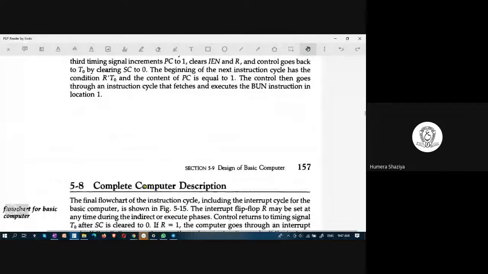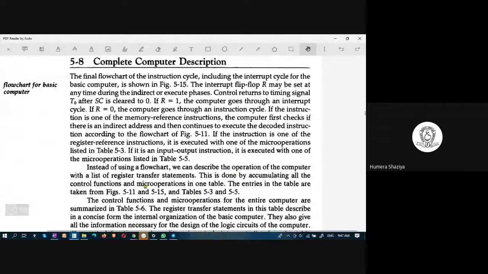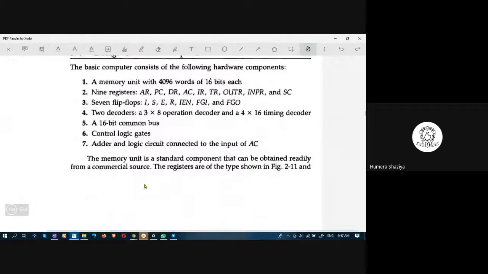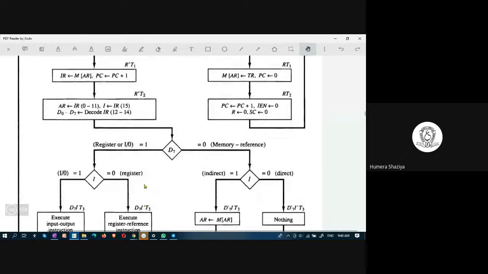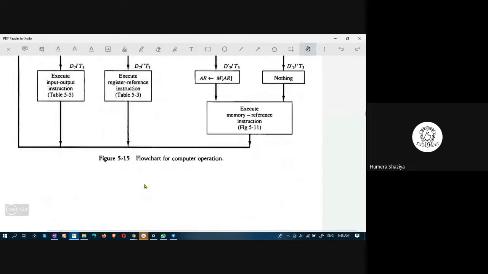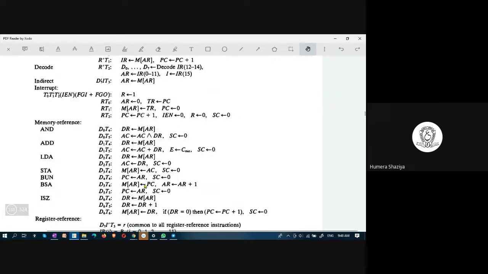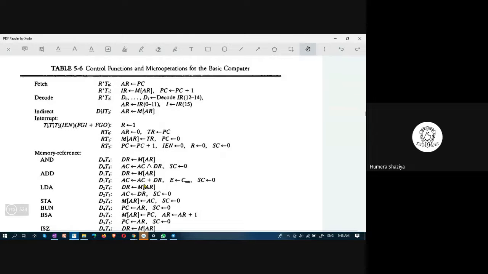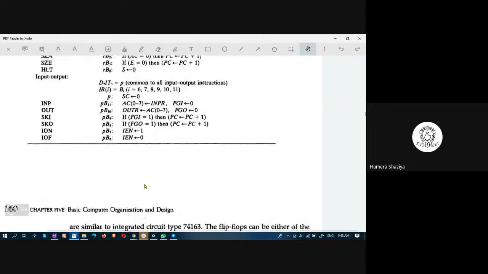This is not there in the syllabus, but I urge you all to study this. If you study this, you will get the whole idea of a computer system. It has the basic design, what the components are, and the execution of computer operation, which includes MR, RR, and IO. And this is the table that tabulates the description of every instruction, MR, RR, and IO.